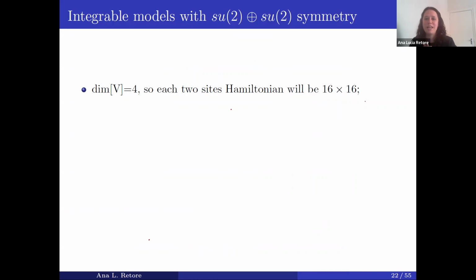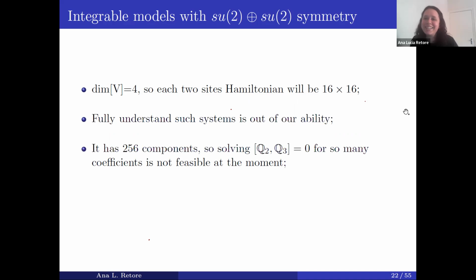Okay, so we thought of trying to do a 16 by 16 case, so a vector space of dimension 4. Hubbard is of this size basically. But doing it in general is still too much for us because you have 256 components.